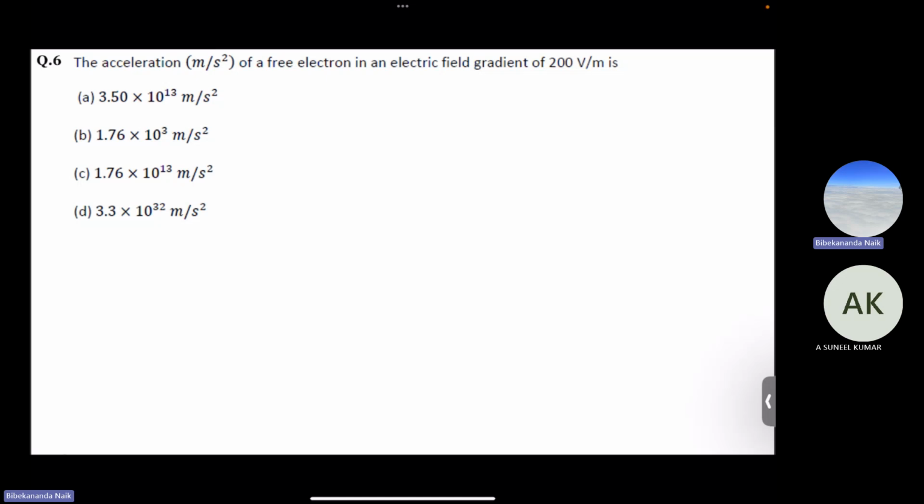If you calculate, we know the force experienced by a charged particle in an electric field is given by F equals QE, where Q is the charge and E is the electric field.